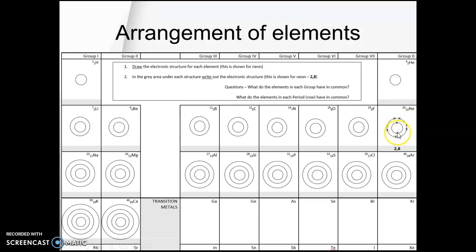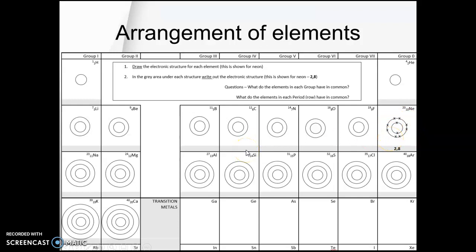So the first shell, as we said before, can take only 2. So we are going to put 2 of these 10 electrons in the first shell, and the second shell can take up to 8, and actually we have a total of 10. We have already placed 2 in the first shell, then we can place the remaining 8 in the second shell.